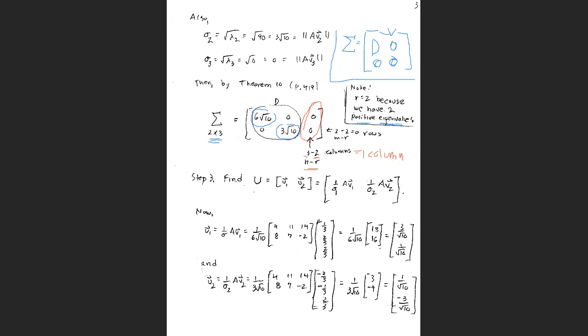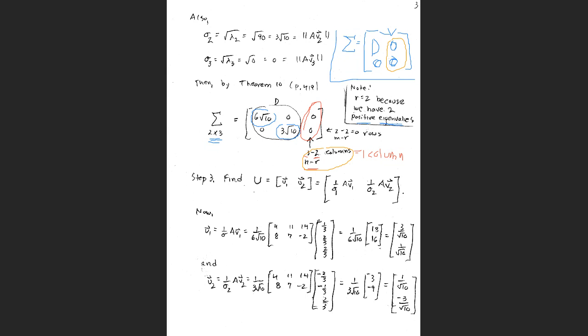We know that we have just one column of zeros here by virtue of this fact. And in regards to the number of rows of zeros, the rows of zeros would be here.